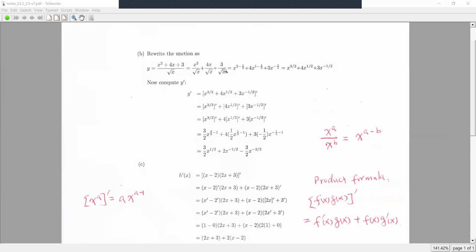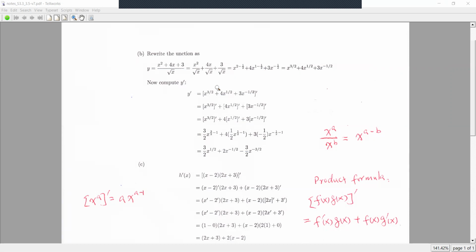Now, 1 over square root of x is x to negative 1/2. Now, simplify the powers. 2 minus 1/2 is 3/2. 1 minus 1/2 is 1/2. Then all the terms now are powers. Now I compute derivative.